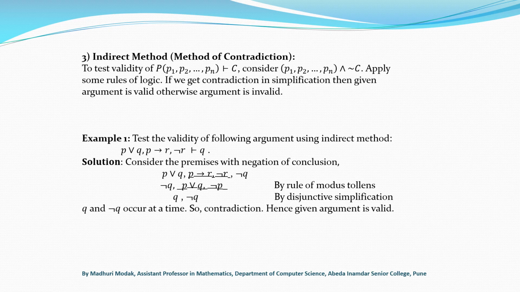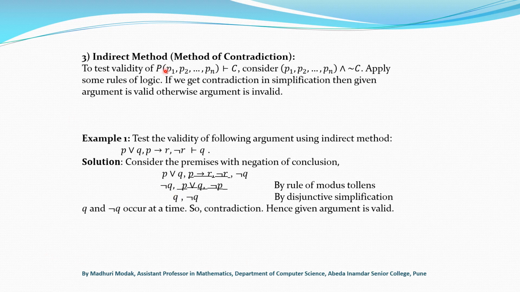That means root 2 is a rational number. Then by applying the things in mathematics, we get a contradiction somewhere. Why are we getting a contradiction? Because we started with the wrong assumption that root 2 is a rational number. So this method is known as the indirect method. So whatever you want to prove, you have to start with the negation of the conclusion.